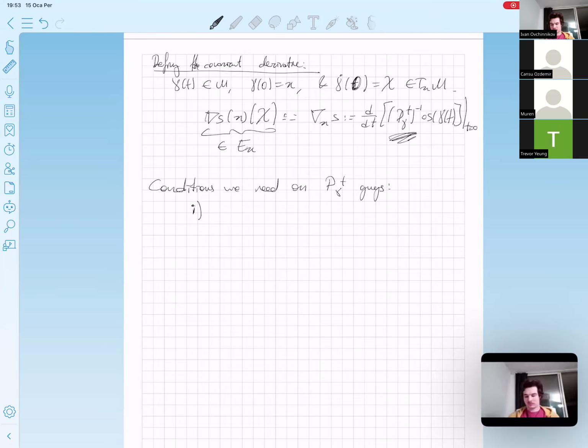Okay, time to change the paper. We need the definition to be independent of gamma except for the tangent vector.